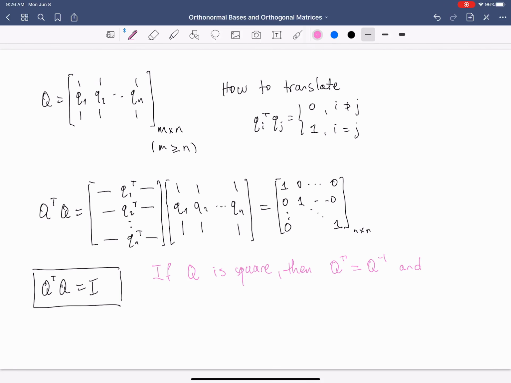And only in this case, we call Q an orthogonal matrix.